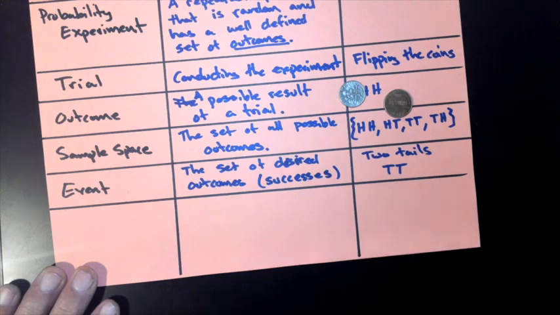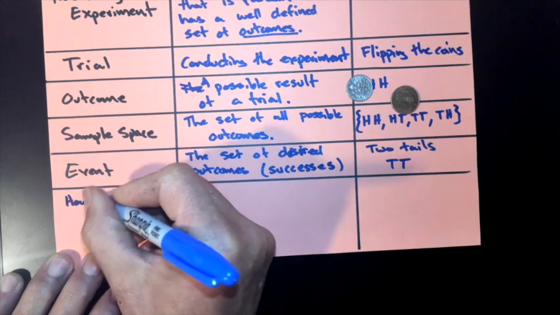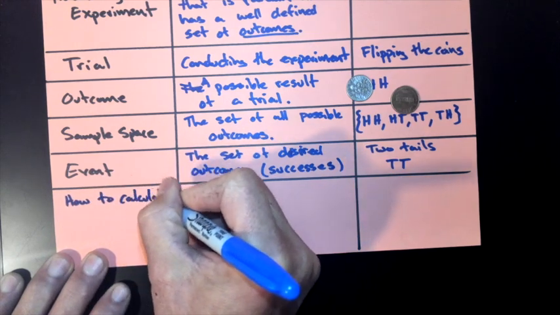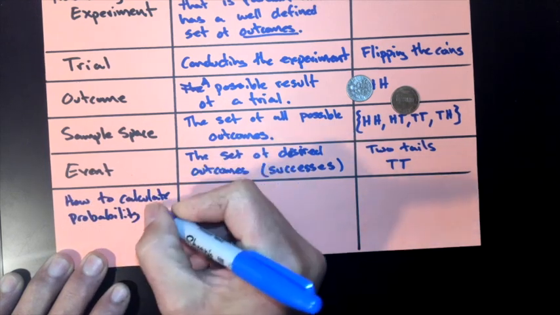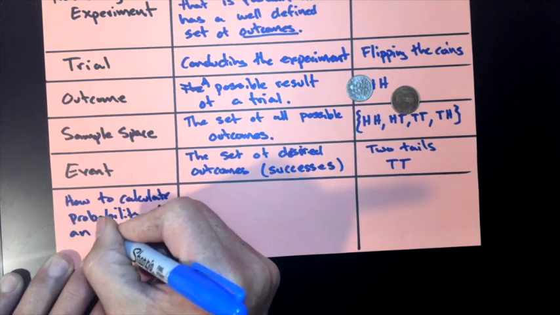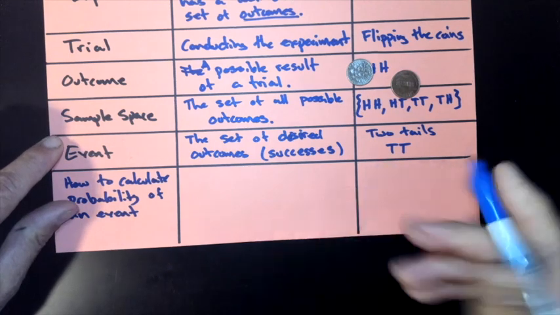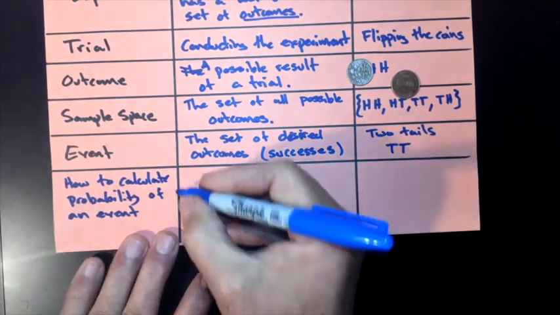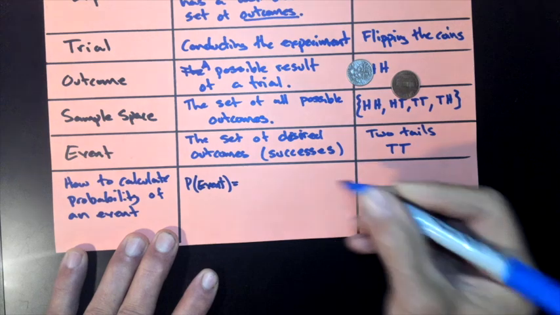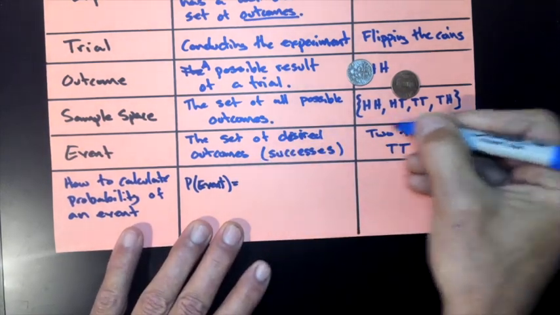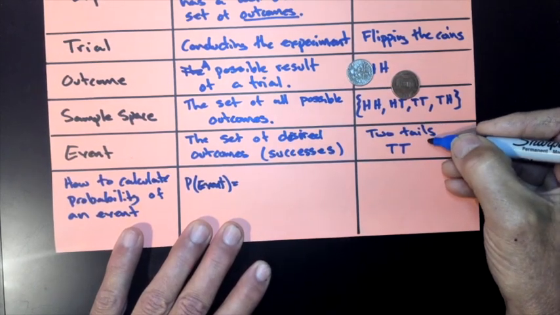And the last thing we're going to look at is how to calculate the probability of an event. So what's the probability of getting 2 tails? I would say the probability of my event equals, first of all, I have to know how many elements are in this set, how many outcomes are successes.